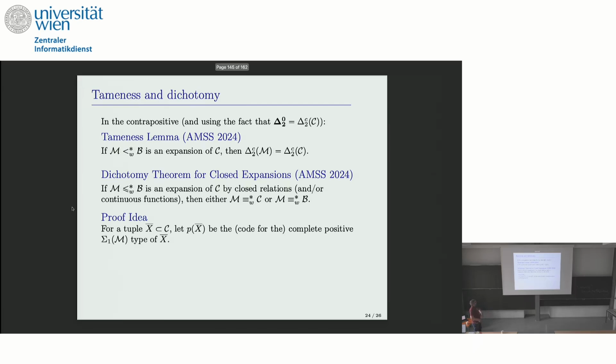Why? Well, I gave you one half of that. What we do is we take a bad enough relation, in some sense. We take codes for the complete positive sigma 1 M type of any tuple, and we package it up in a relation, and then we note that that relation is in fact delta 2 in M. And it's about as bad as any delta 2 in M relation can be.